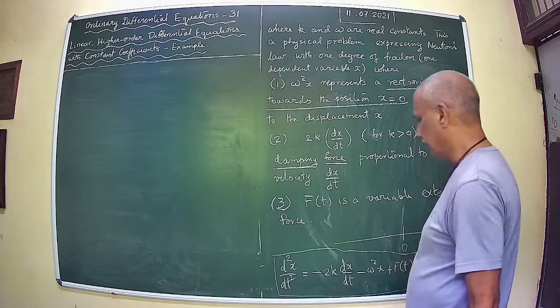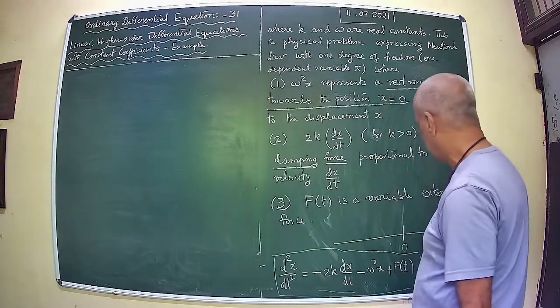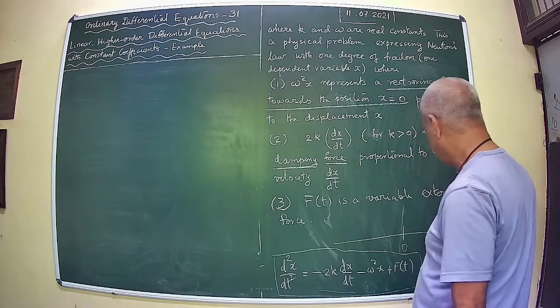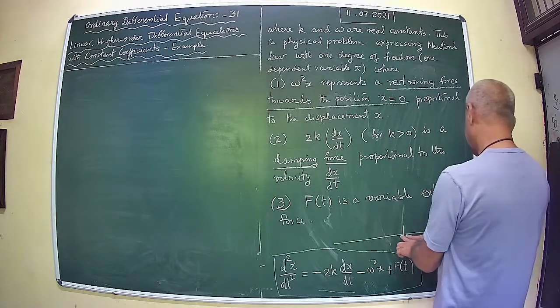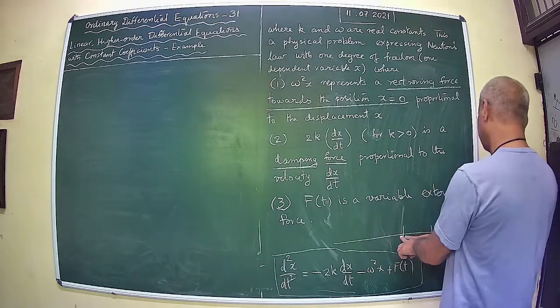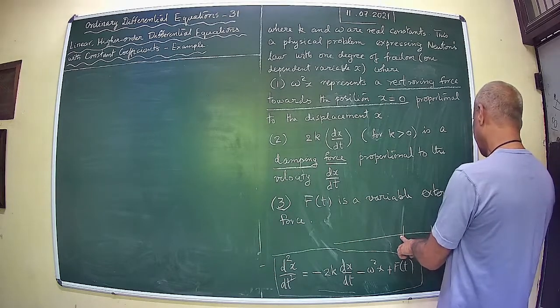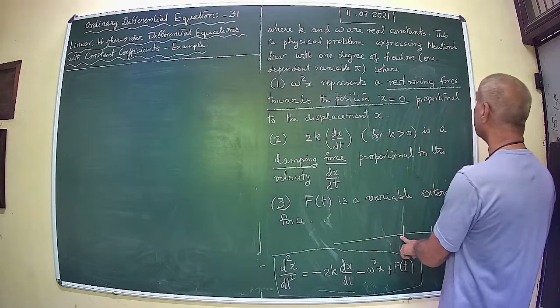Then it comes back. Now suppose you have the presence of this term with k positive. Then you have a damping force which is proportional to dx by dt. Of course, when x increases, normally the momentum, the dx by dt, decreases, because of the restoring force.